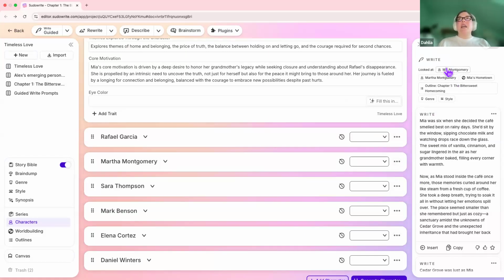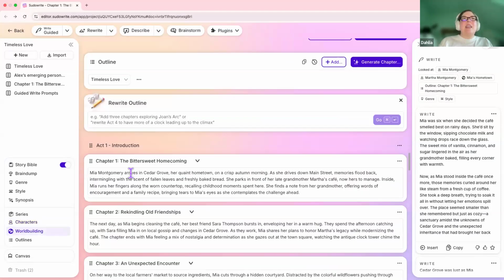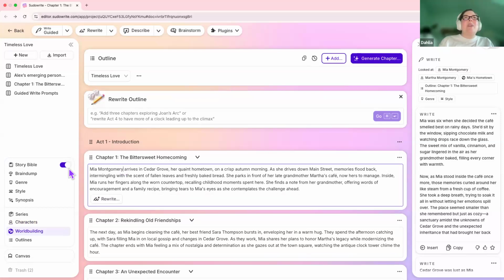As you can also see, only Mia and Martha were pulled in, since Mia Montgomery is the only character that's named here in the chapter summary, and it's going from what it finds in here. And you also have Martha in it. So these are the only cards it's looking at.